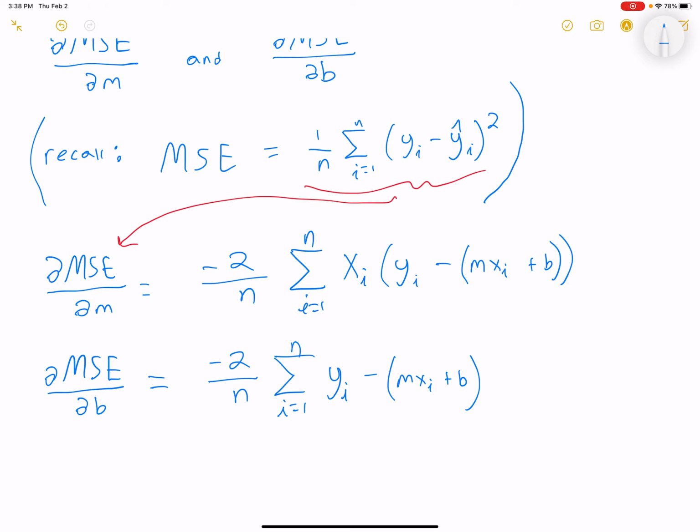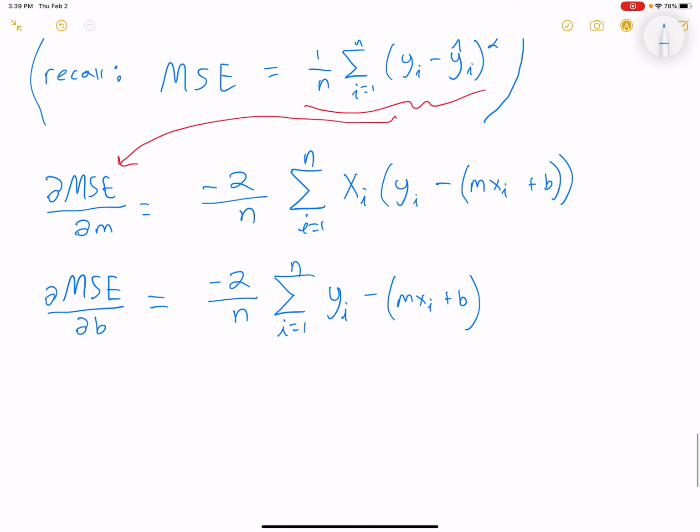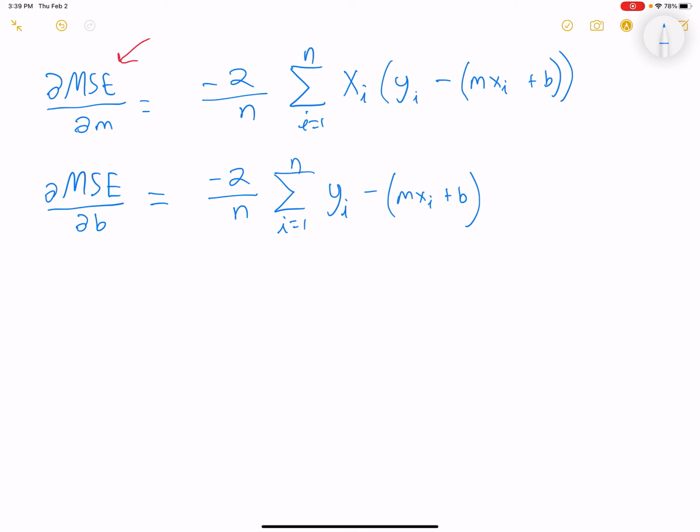And if you had a different equation that was not mx plus b, but mx cubed plus b, it would be different. All those variations make memorizing these specific equations kind of pointless. But just so you know, that's how it is done.